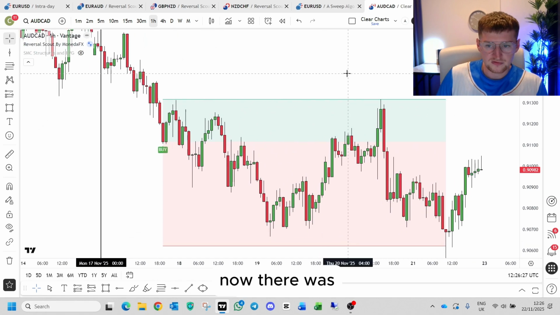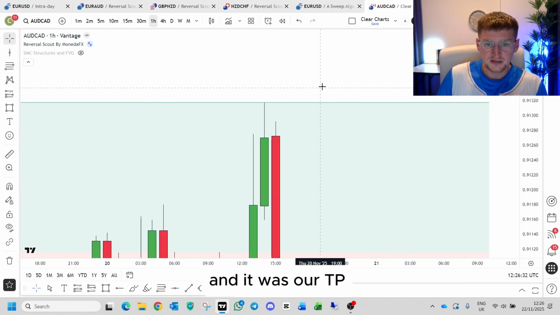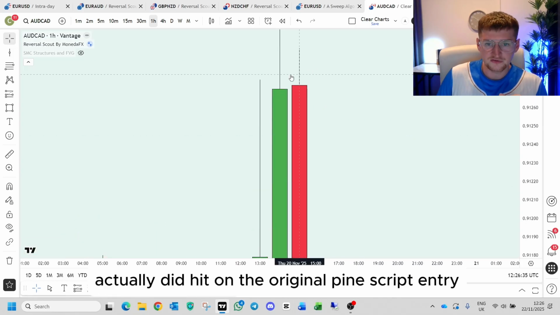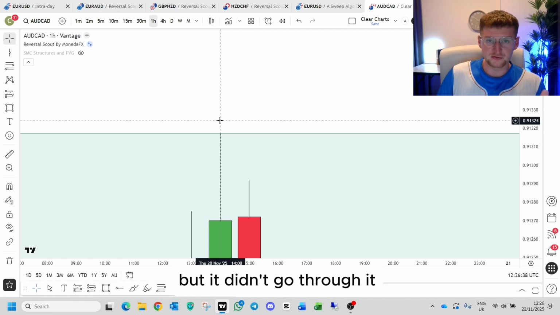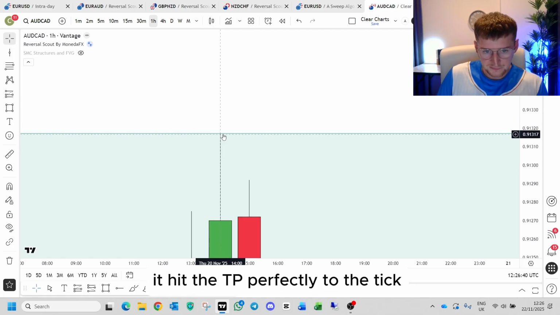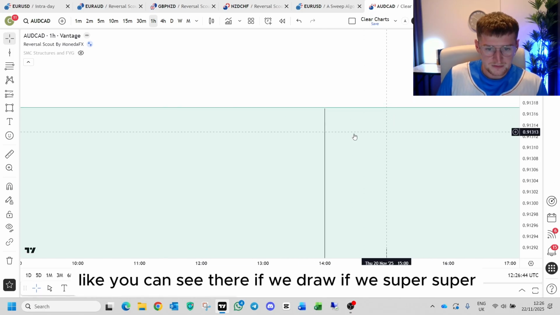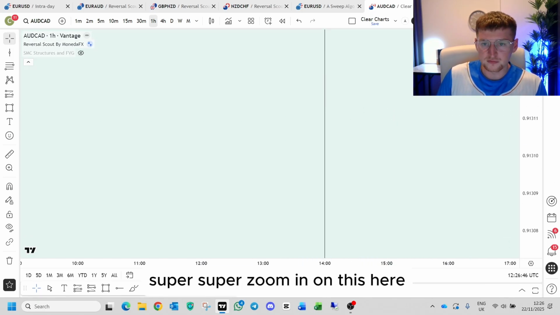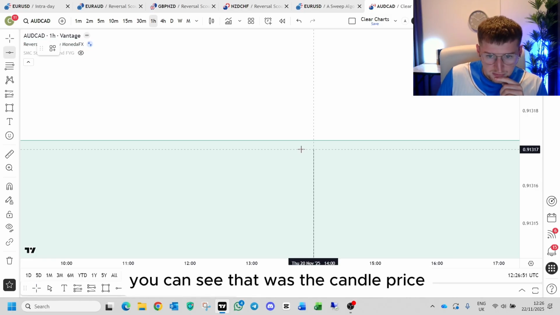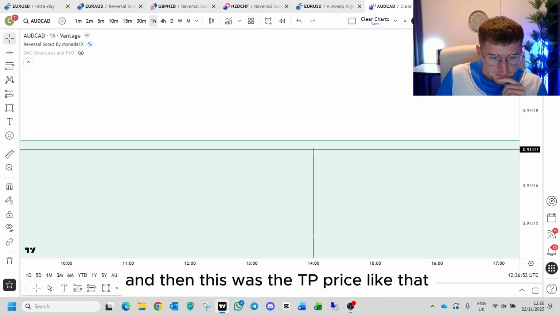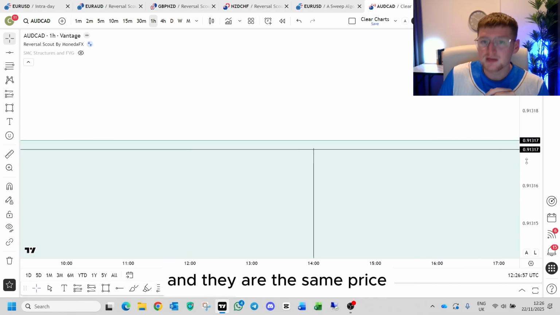Now, there was a weird thing that I've never seen happen before, and it was our TP actually did hit on the original Pine script entry, but it didn't go through it. It hit the TP perfectly to the tick, like you can see there. If we super zoom in on this, here you can see that was the candle price, and this was the TP price, and they are the same price.